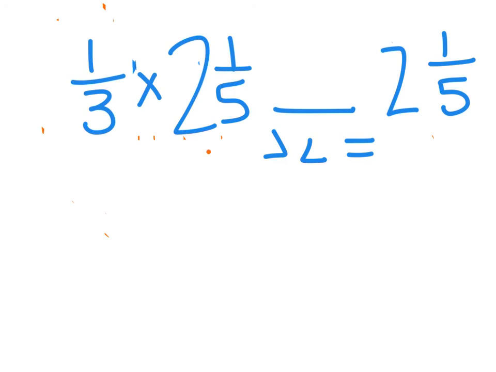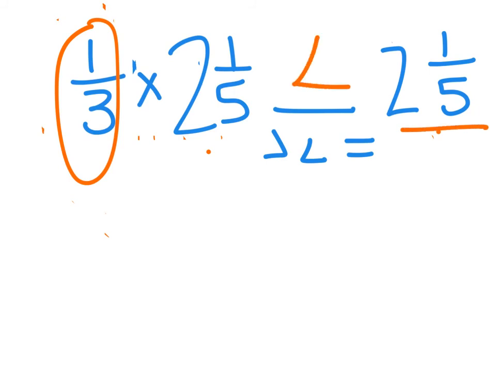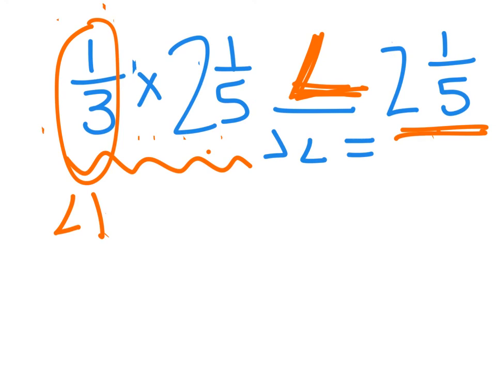I'm going to look again at the number that's different, which is 1/3 here. 1/3 is less than 1. So if I thought about it with my reasoning, I would know that I'm taking just a part of 2 and 1/5. If I take just a part, a third of it, I'm going to have less than a whole 2 and 1/5. You can also think about rule number 1. If you multiply by something less than 1, this product will be less than your original number.